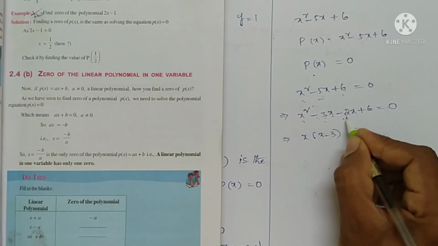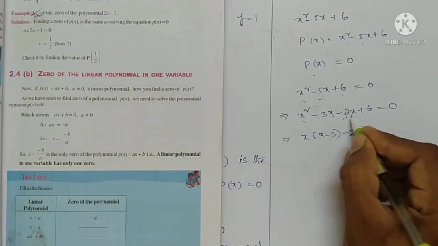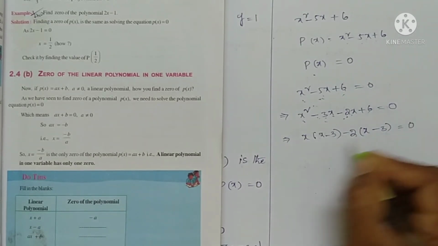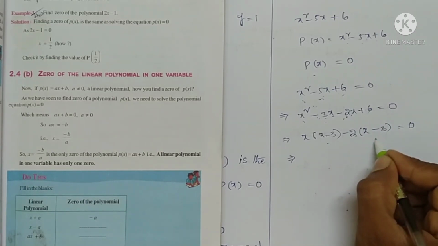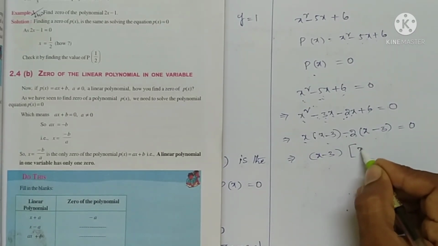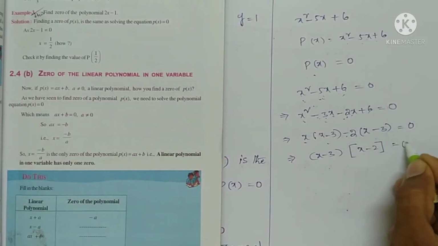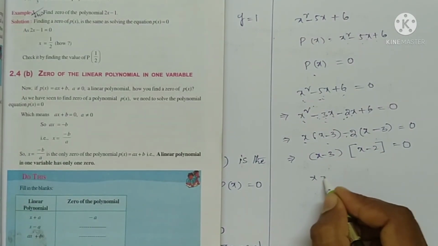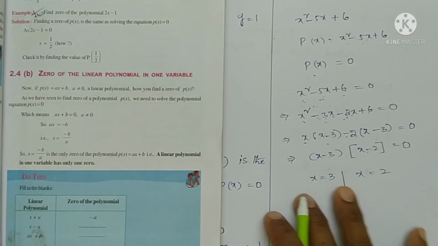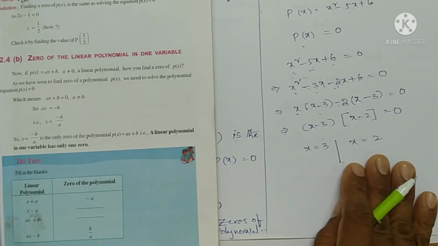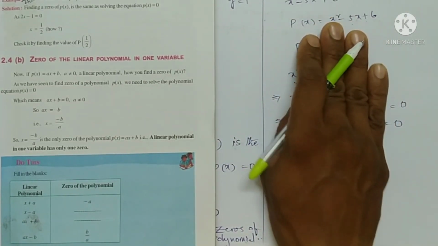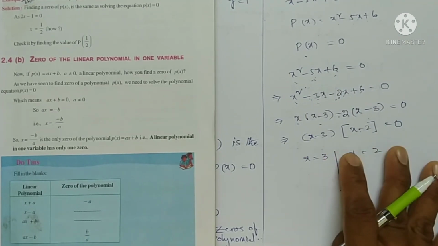Here minus 2 is common, so the remaining term is x minus 3. So entire x minus 3 is common, giving x minus 3 is equal to 0 and x minus 2 is equal to 0. So x equals 3 and x equals 2. These are the zeros of the given quadratic polynomial.